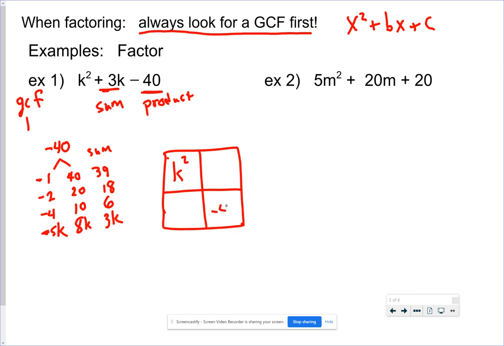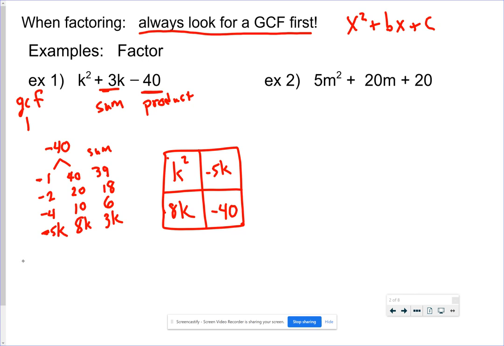We put the constant term, which is our negative 40. The constant is the term that doesn't involve a variable. It goes in the lower right-hand corner. And then I'm going to take my negative 5k and my 8k, and they're the ones that add up to the 3k.